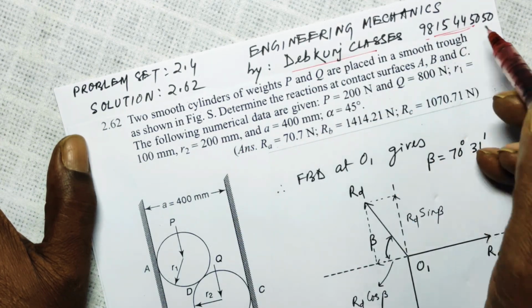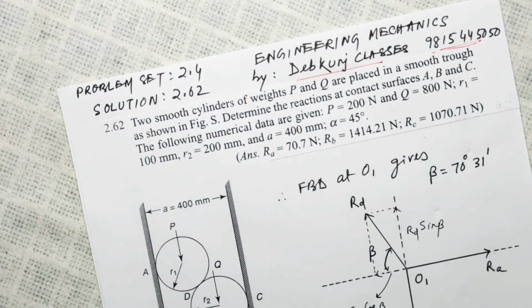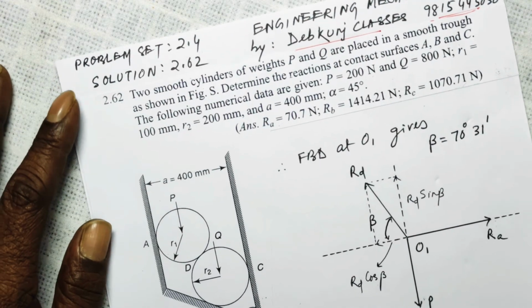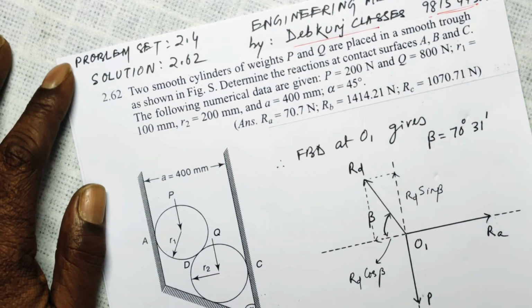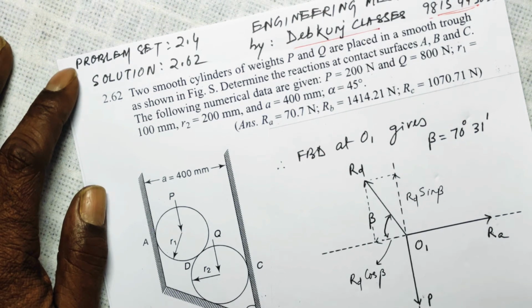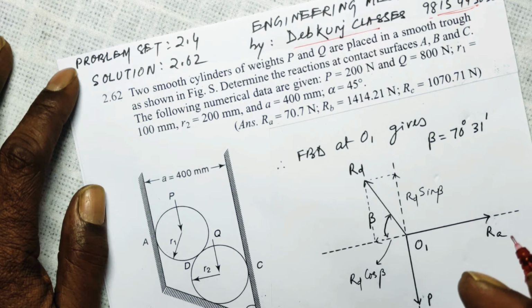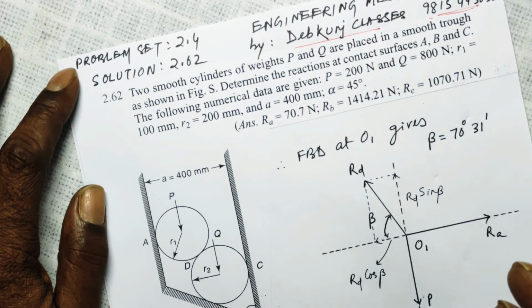This is Problem set 2.4, solution to 2.62. Very simple. So far we have been using the method of projections to solve numerical problems. The main thing is you have to identify the points of contact and find the different forces and draw them at a given point, and draw x-axis, y-axis and find out the forces along x-axis and y-axis.